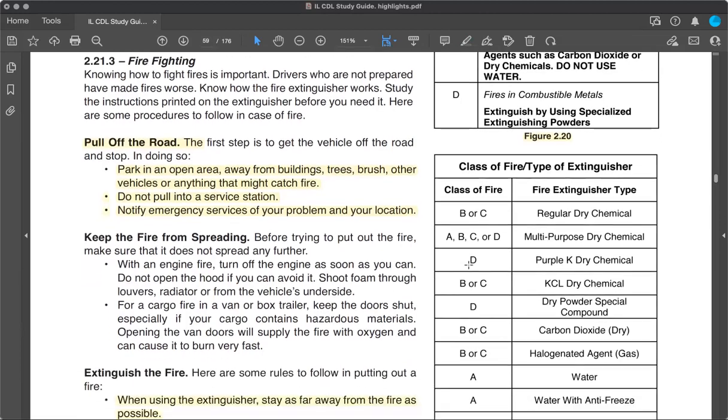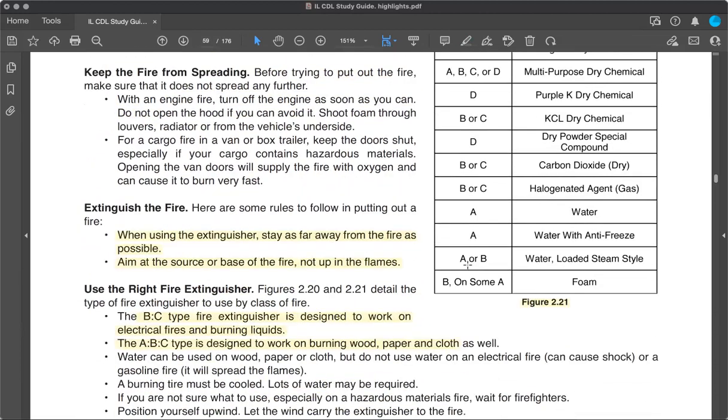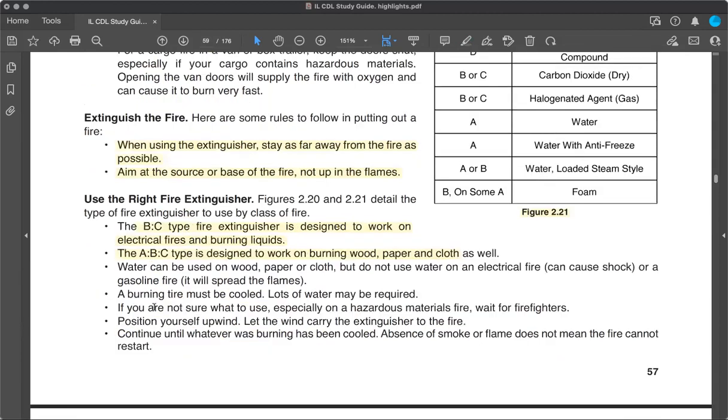Okay. If we go down to the bullet point that says a burning tire. It says a burning tire must be cooled. Lots of water may be required. So it's important to know that water can be used on wood, paper, and cloth.